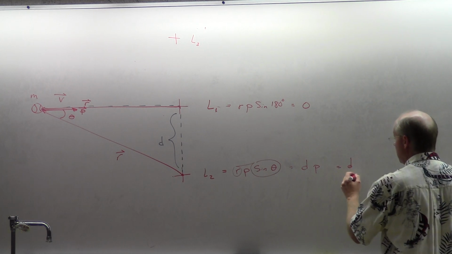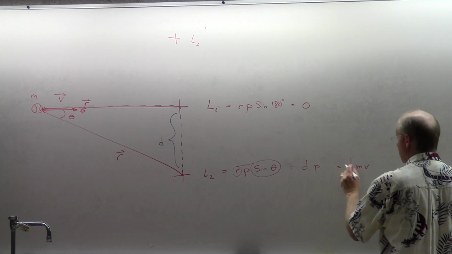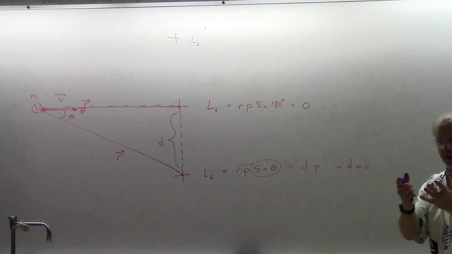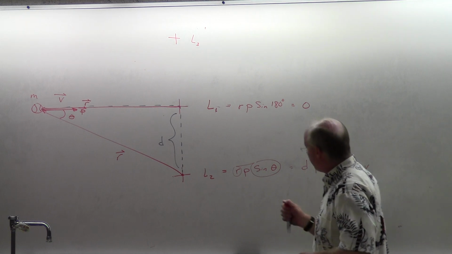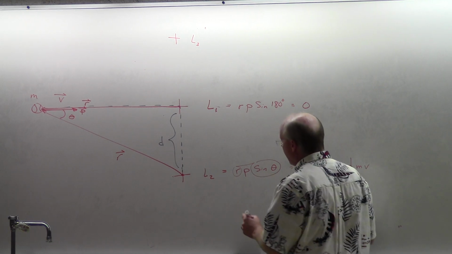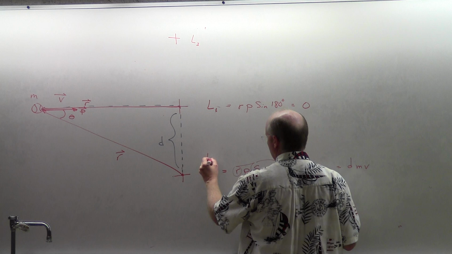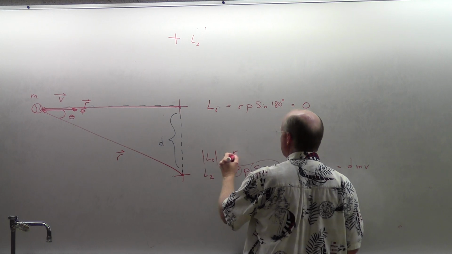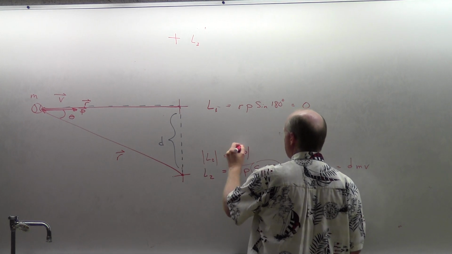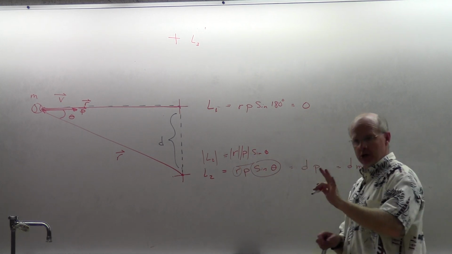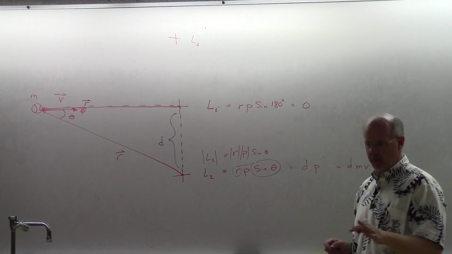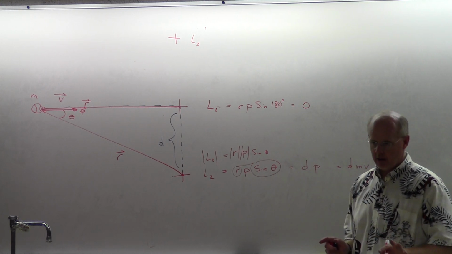And this would be d m v. Now you said, would it be a minus d? Why do you say minus d? Okay, so the distance goes down, but with that in mind, remember I'm doing a cross product, and the magnitude is equal to the magnitude times the magnitude times the sine of the angle. Okay, so I know d is a negative number down, but no, I wouldn't put a negative d here.